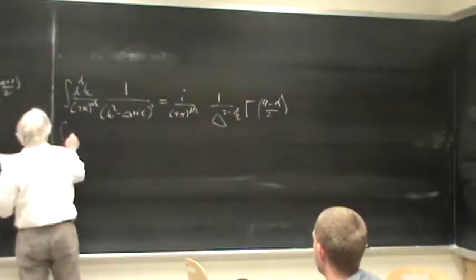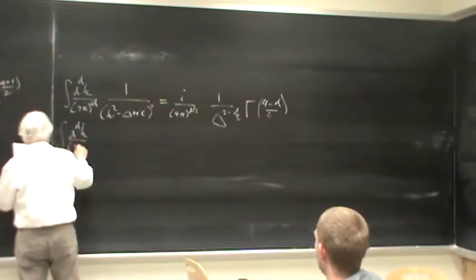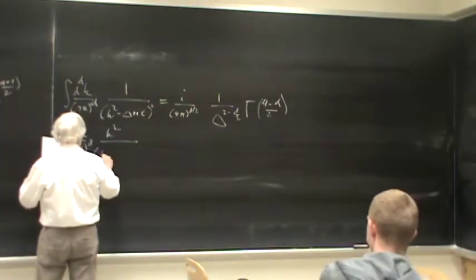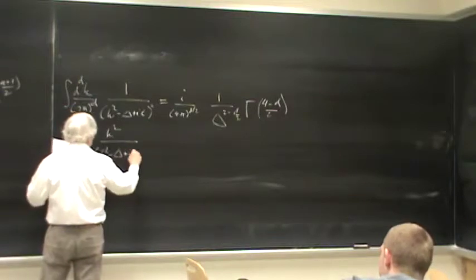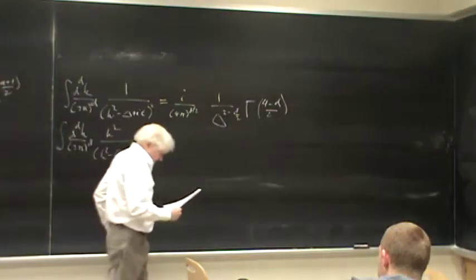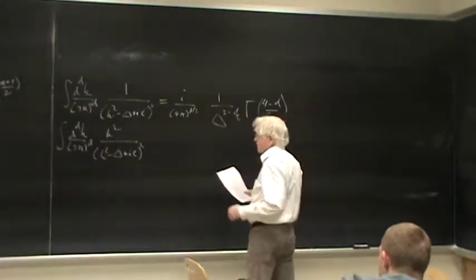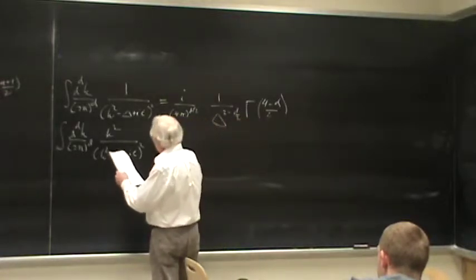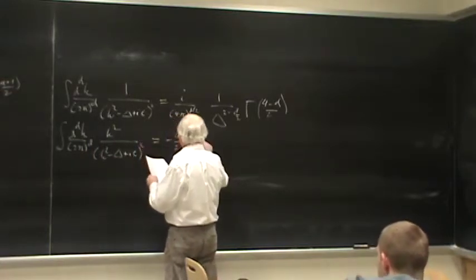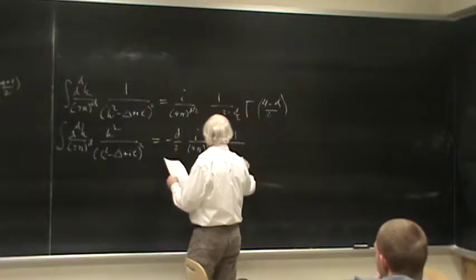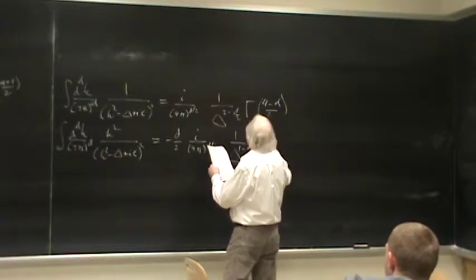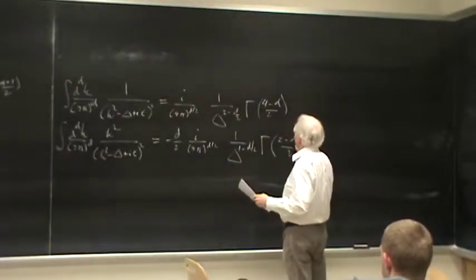One can also do the integral dk over (2 pi) to the d, k squared over, so this is the same thing, (k squared minus delta plus i epsilon) squared. And of course what one is doing is a Wick rotation, and you then get minus d over 2, i over (4 pi) to the d over 2, 1 over delta to the 1 minus d over 2, and then gamma of 2 minus d over 2.